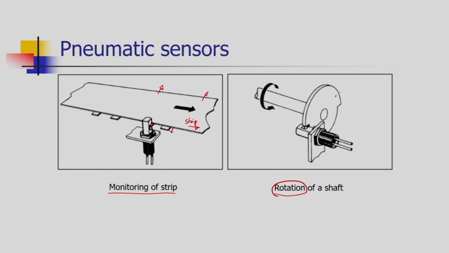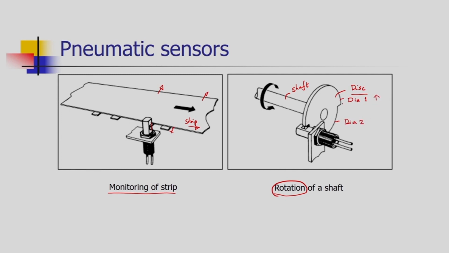Then we can measure the rotation of a shaft. For that purpose a disc is designed and developed, and it is mounted on the shaft. Here you can see the disc has two different diameters, diameter 1 and diameter 2. Diameter 1 is larger than diameter 2.